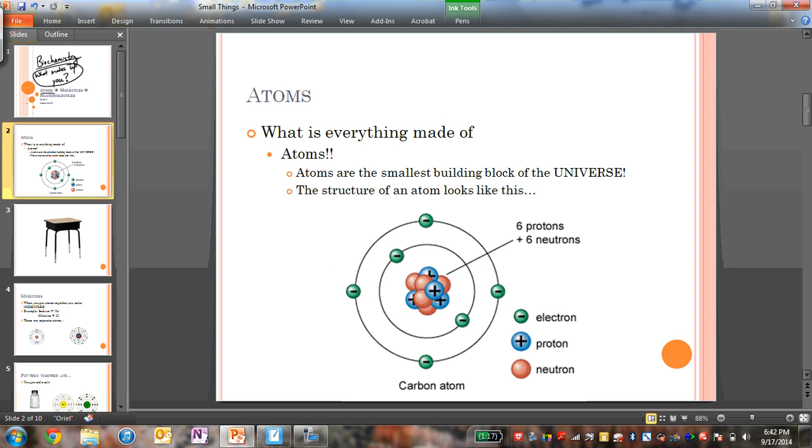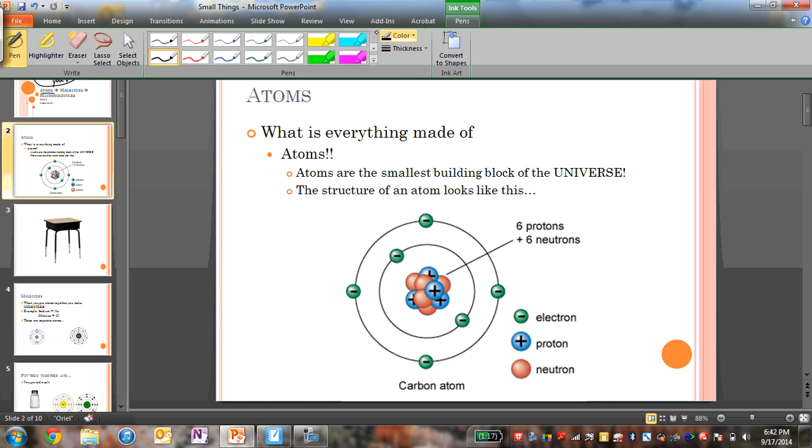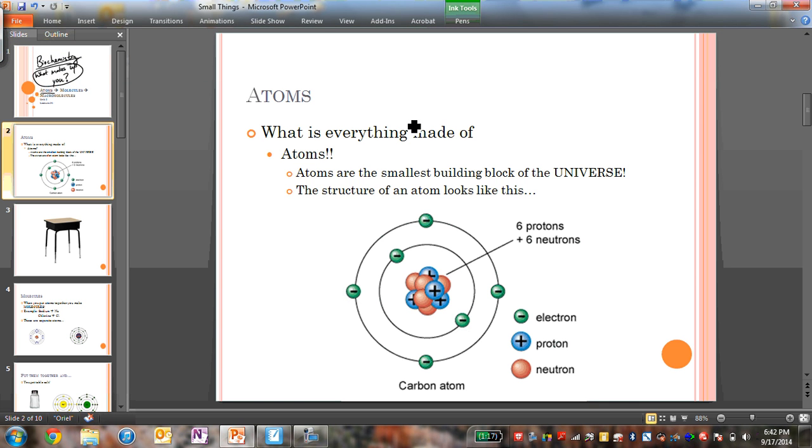So, atoms, what are they? Well, an atom is what everything is made of. And when I say everything, I mean everything. The computer screen you're staring at right now, the keyboard in front of you, the desk and the chair you're sitting next to and on, the book you read maybe, or the bed you're going to sleep in, or the food you just ate, everything is made of atoms.